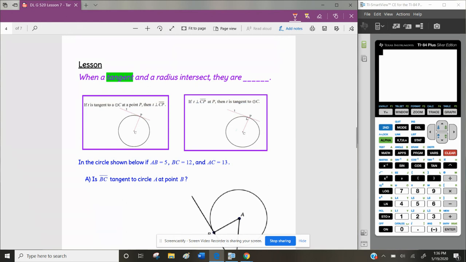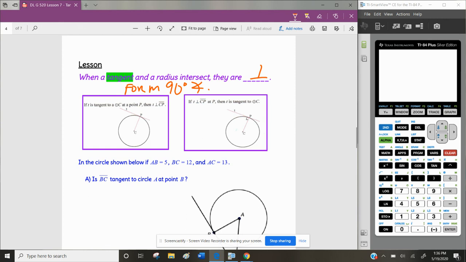So when a tangent and a radius intersect, they are perpendicular, meaning that they form 90-degree angles at that point of tangency, or the point where the radius and the tangent intersect. And remember, that should only be one point.